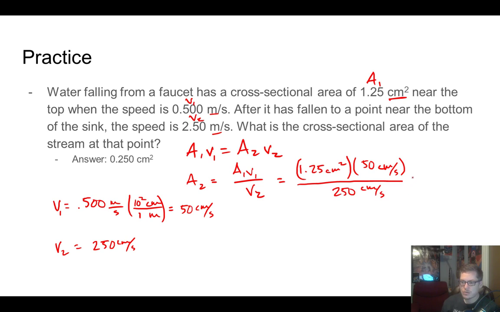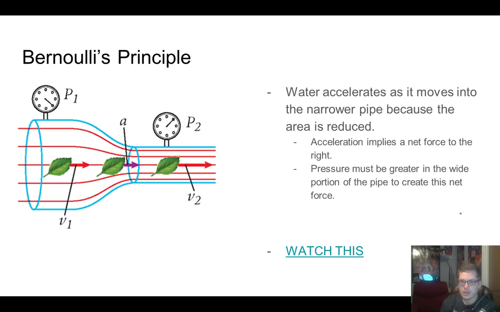Because it's going faster, it should be a smaller area, and that's what we get when we multiply this all out. 1.25 times 50 divided by 250, and we get 0.25. Each of these has 3 sig figs, so it would be 0.250, and then centimeters squared because it's area that's left over. Pretty easy. Bernoulli's principle, super fascinating.